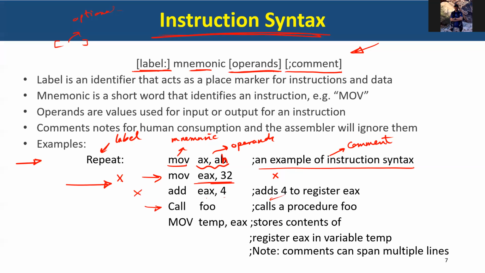Call foo. This is another instruction or mnemonic that we're going to see in the future, in which you are asking the assembler to go to a label or line with a label foo, and this foo has some procedures there, some part of the code, some function basically that you're going to execute. And call here is an example of a mnemonic or instruction that doesn't have operands. This is not an operand, this is a label.